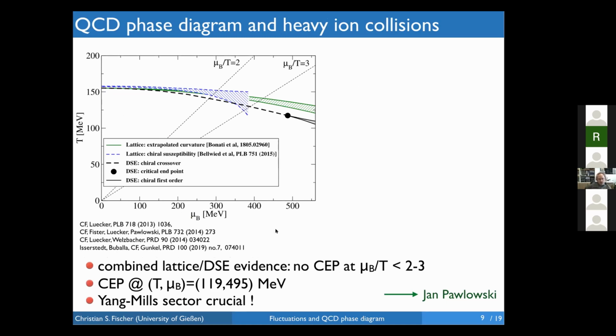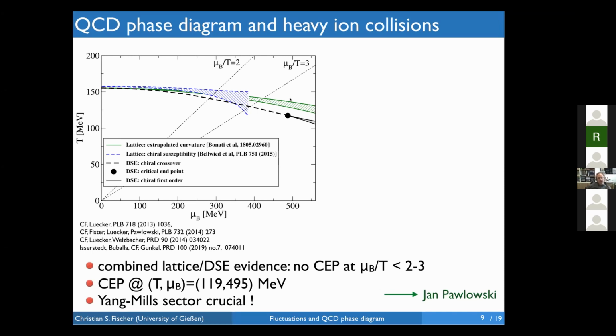So when we switch on chemical potential, we find that at some point this crossover turns into a critical endpoint at these values of temperature and chemical potential, and we find the first order transition. This is again compared with the lattice results from the Wuppertal-Budapest collaboration, and also with a collection of results for the curvature of this transition line, also from lattice calculations.